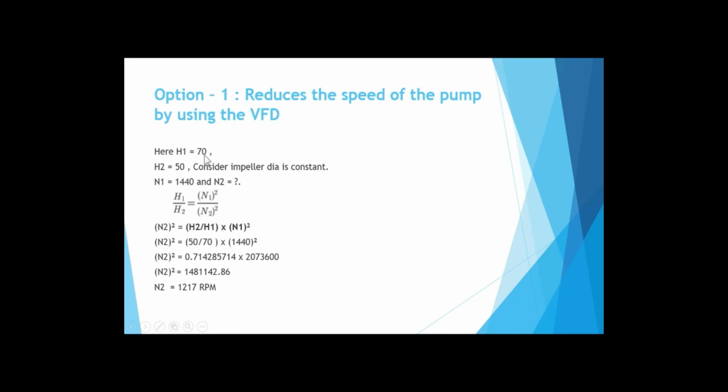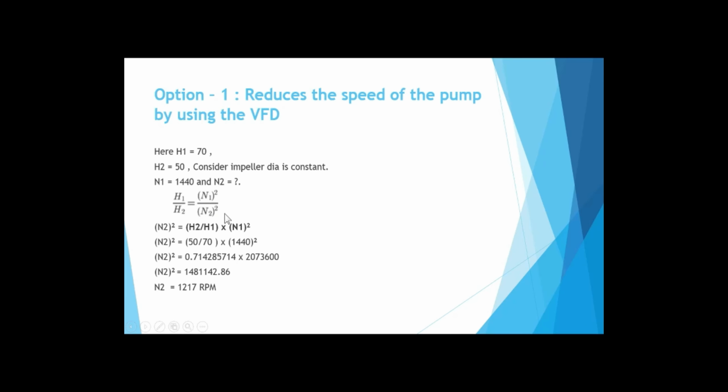Here H1 is 70 meter, H2 is 50 meter. So consider here the impeller diameter is constant. The given speed is N1 1440 RPM. We need to calculate N2 by using the pump affinity law formulas. H1 by H2 equal to N1 squared by N2 squared.